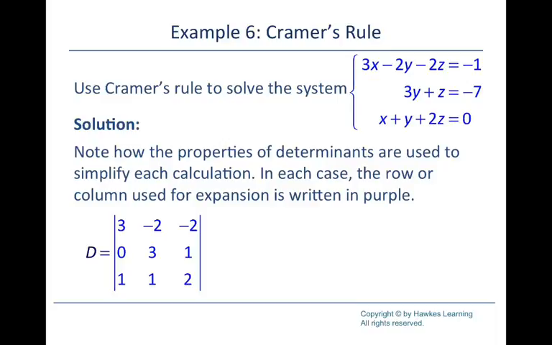I would usually expand along this first column here. And so I'd start with, remember, it's plus, minus, and plus. So I would use 3 times the minor, which if I mark out that row and column is going to be 3, 1, 1, 2.